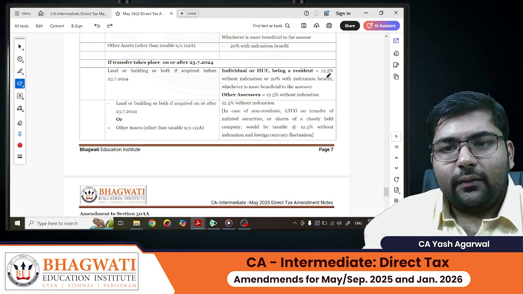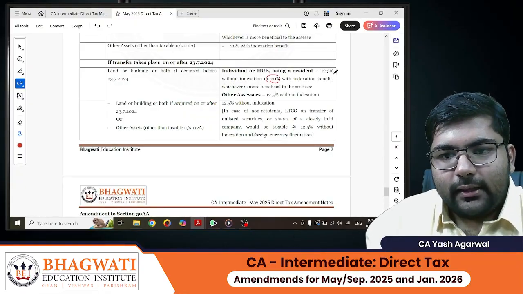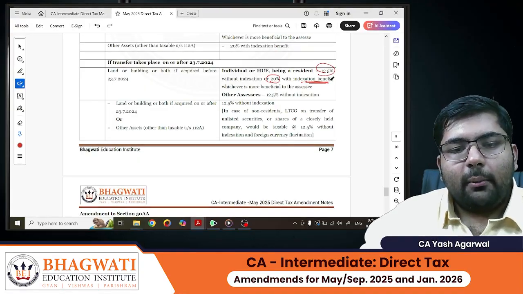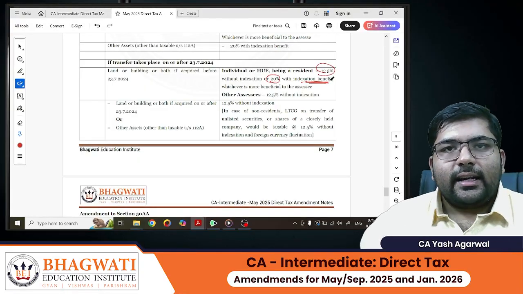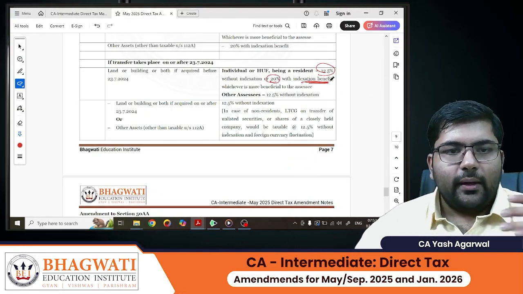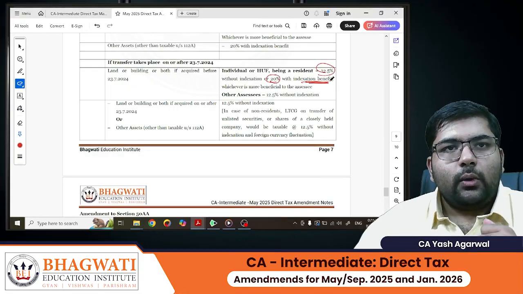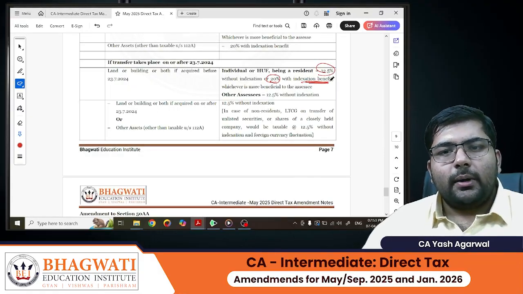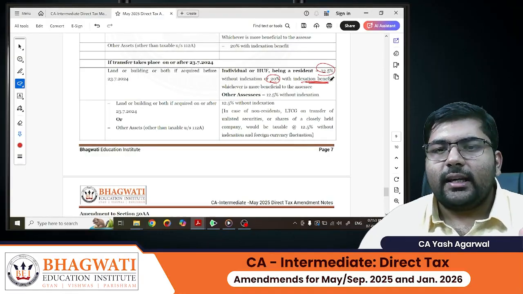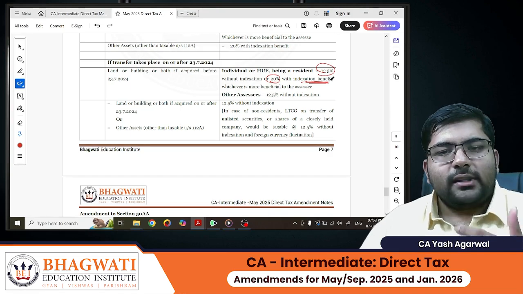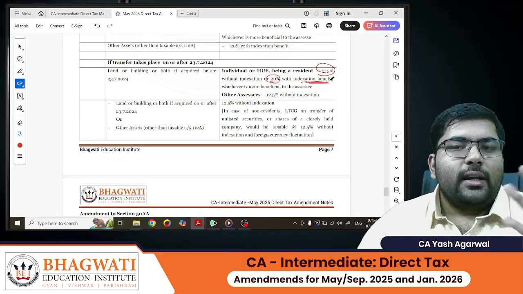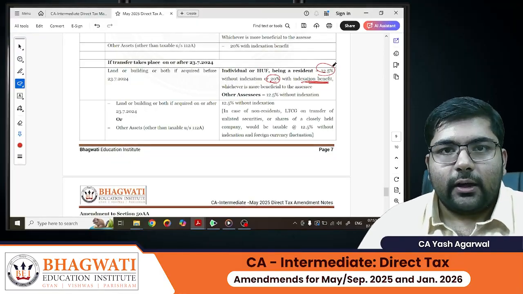What happened with most people is they reverse worked their gains and said, in order to benefit from this new lower tax rate by foregoing indexation, my property needs to appreciate by at least some 11-12% per annum, but it's not appreciating by that much. The best case scenario in some of the fastest growing cities turned out to be about 9%, 8%, 6%, even 10% in some cases, but almost never enough to benefit from the reduced rate of tax.